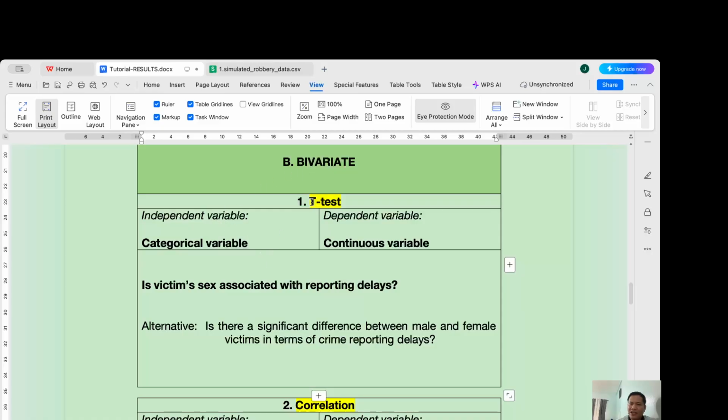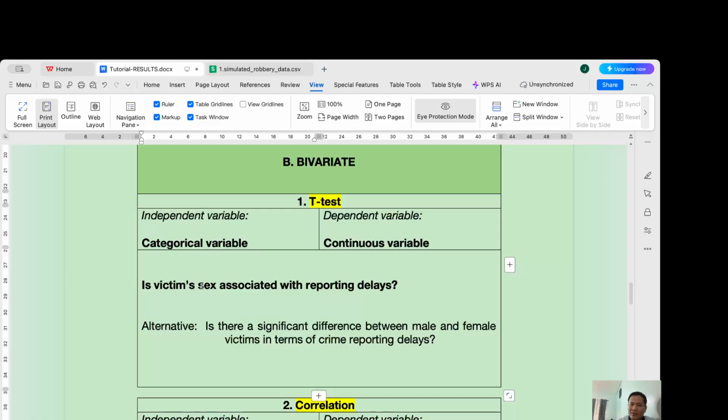Now let's go to the t-test. The t-test is used when the dependent variable is continuous and the independent variable is categorical or nominal, having two categories only.